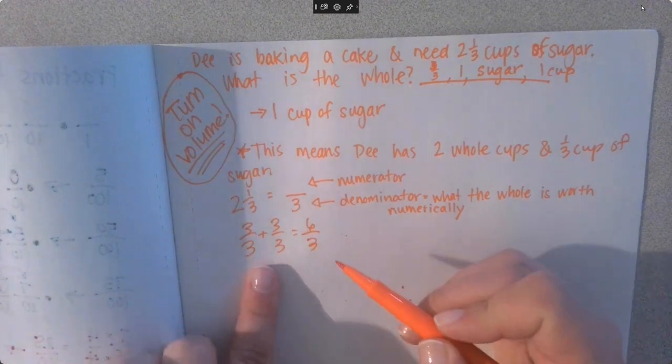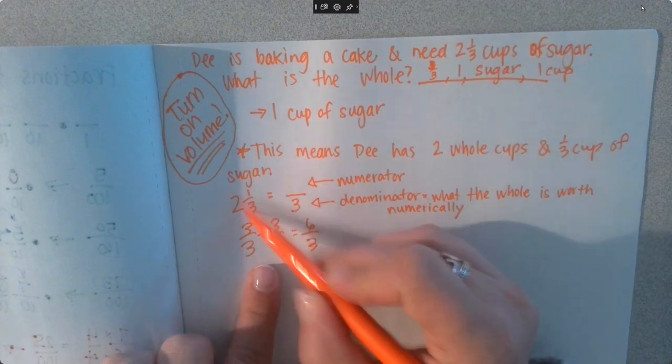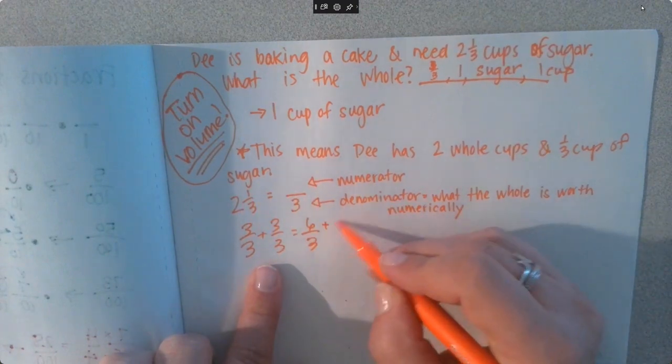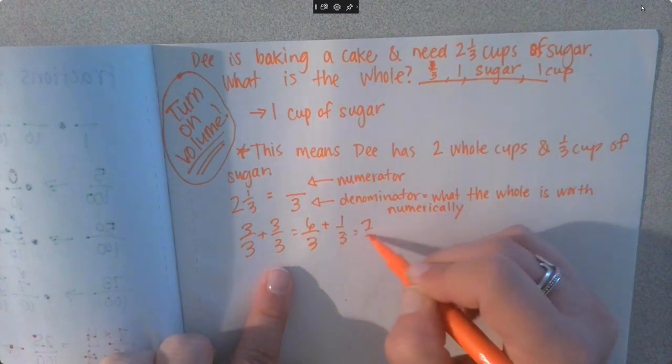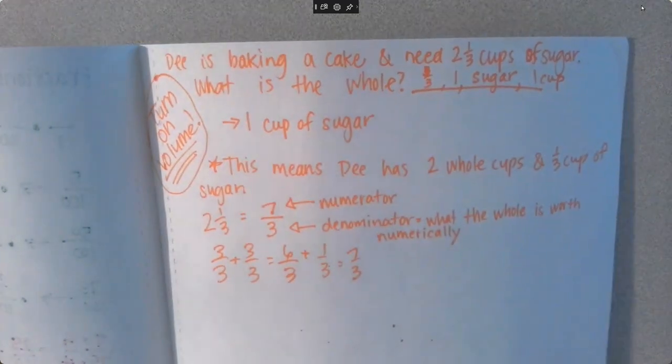And we know how to add like fractions, so that's 6 plus the one that I have up here. Okay. So I have 7/3. That would be what our fraction looks like.